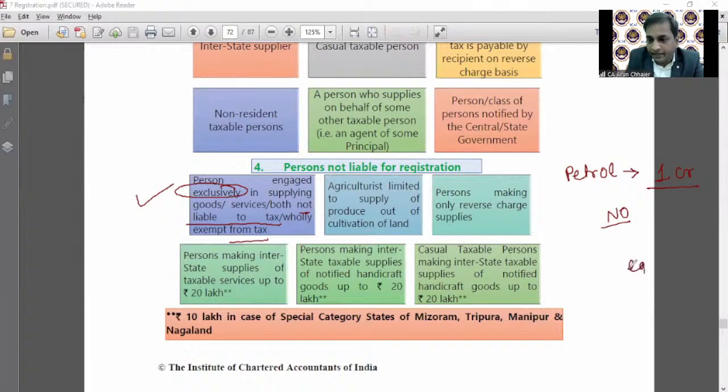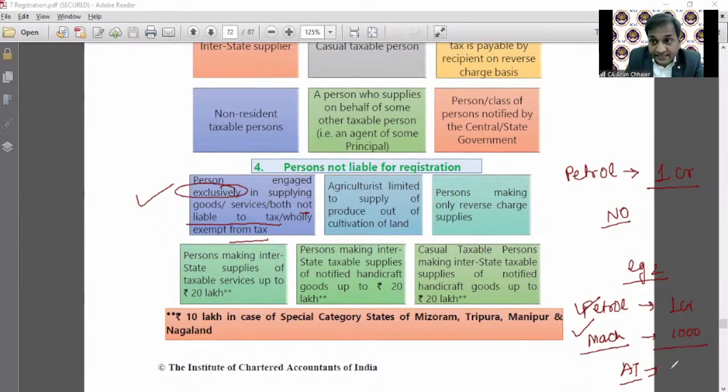Now let's say example number 2. I am making the supply of petrol, same 1 crore, and the supply of machine oil or lubricant, say 1000 rupees. What is my aggregate turnover? In the aggregate turnover, as we have discussed, we include petrol, taxable, exempt, non-GST, export, everything.